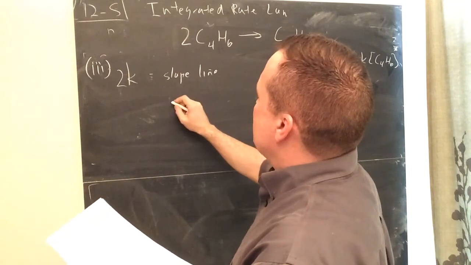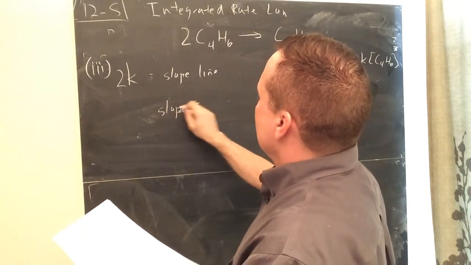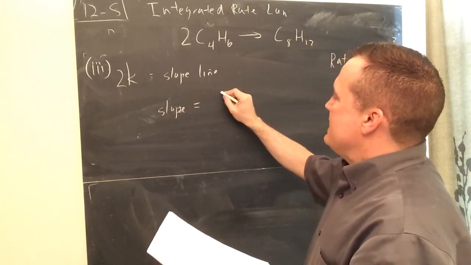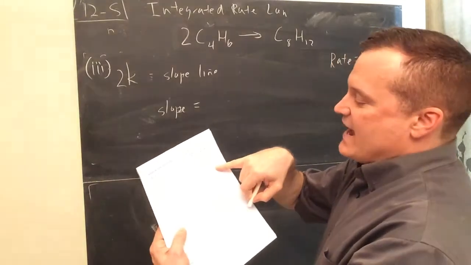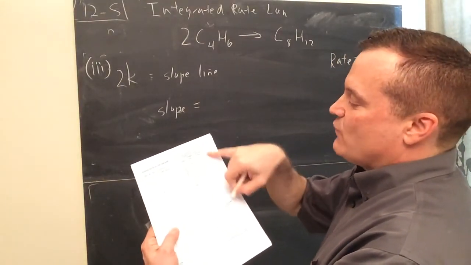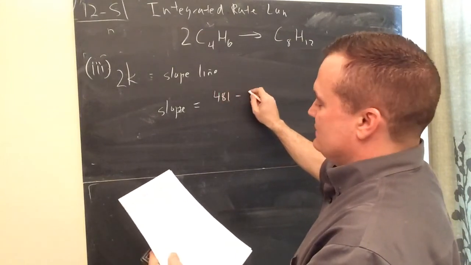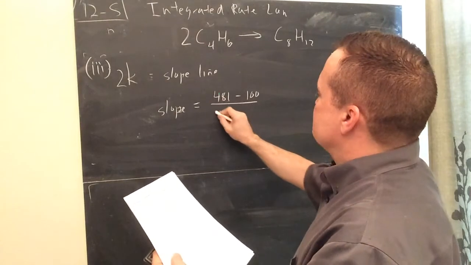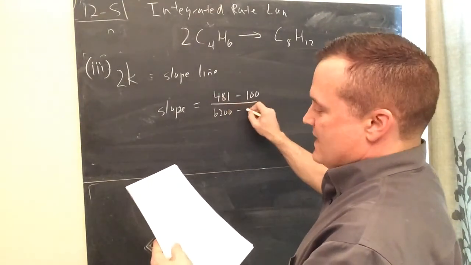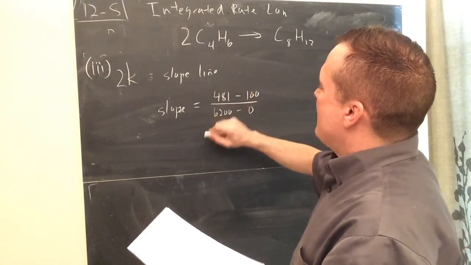So, I'm going to write the slope equals, of course, you could write y2 minus y1, but I'm going to use the last value and the first value for y. So 481 minus 100, not 0, divided by 6200 minus 0.